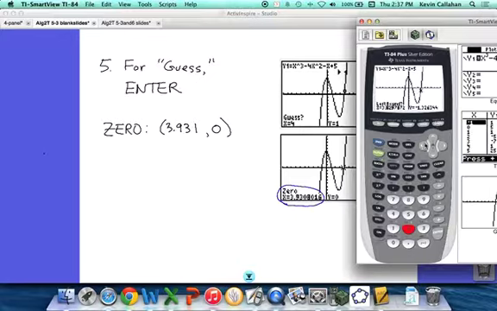If I can see the cursor right there, I need to get to the left of that 0 I'm trying to find. So I hit left arrow, watch the cursor move. Okay, now it's on the other side. It's right there. Enter. That's my left bound. For the right bound, use the right arrow and go to the right.